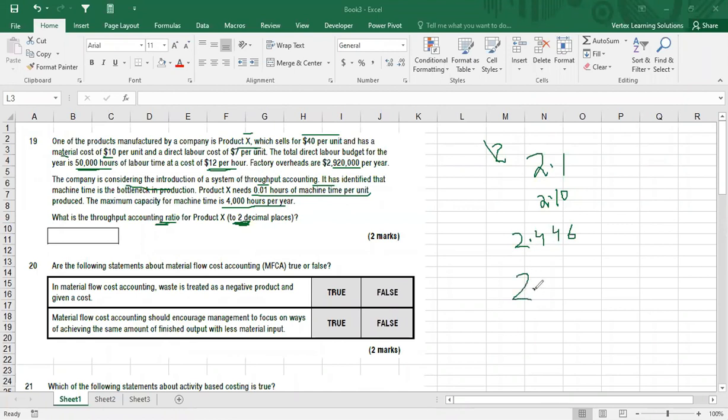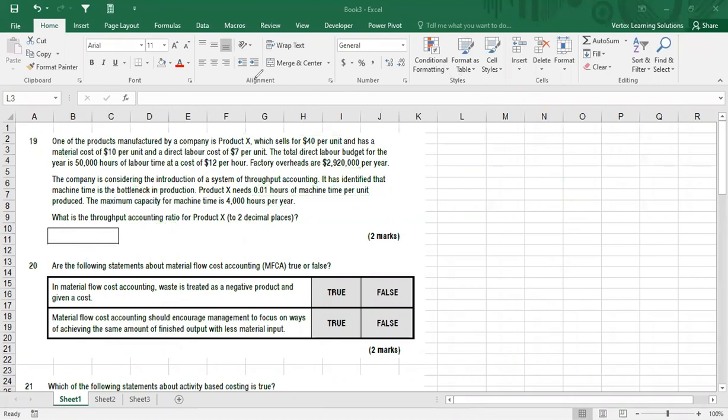You will say it like 2.45. In that case, it is like this. But sometimes your calculator shows exactly 2. So can you write down here exactly 2? If you write down 2, it will be wrong. If it is 2, you should be writing down 2.00, because it says 2 decimal places. Very important instruction in exam. Many students make a mistake. Calculator shows 2, they write down 2.